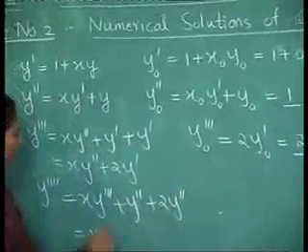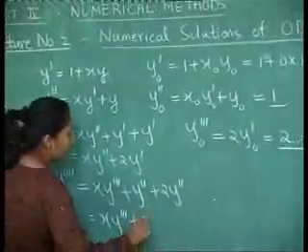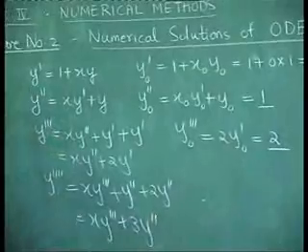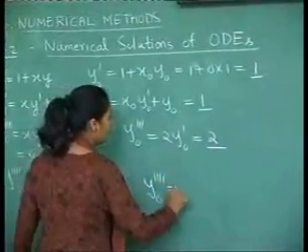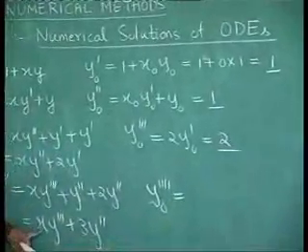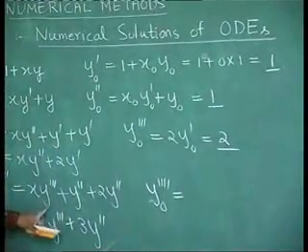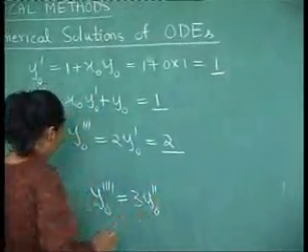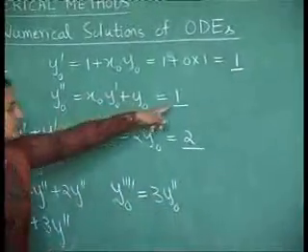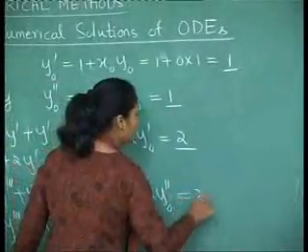So this is x times y triple dash plus 3 times y double dash. And therefore, the fourth derivative will be equal to, x naught is 0, so this term will become 0. This will be 3 times y naught double dash. Y naught double dash is 1. So this will be equal to 3.